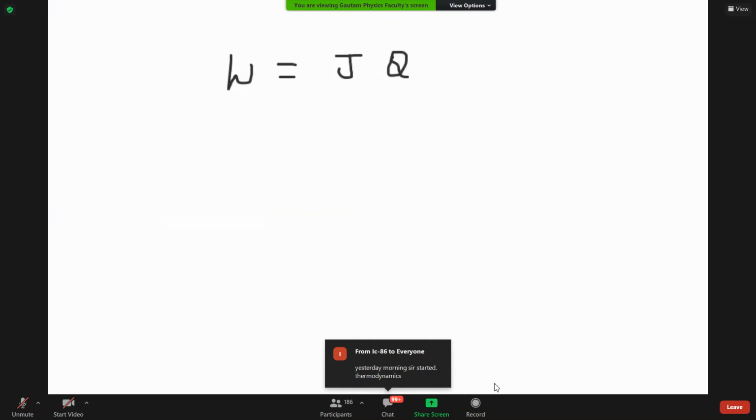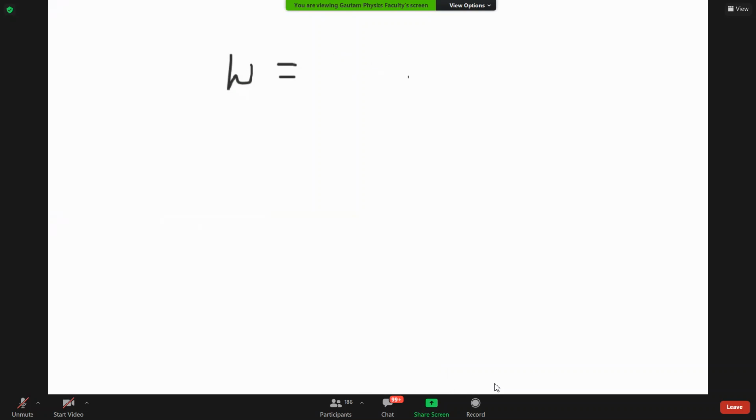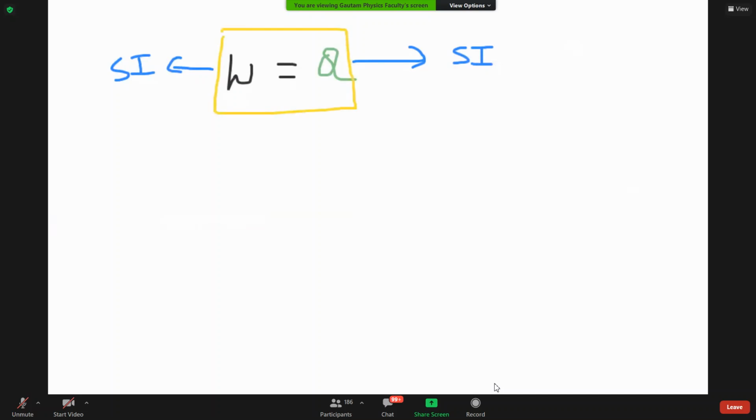If everything is in SI system, I can simply write W is equal to Q. Understand or not? W is equal to Q.